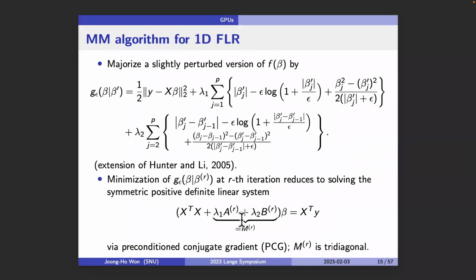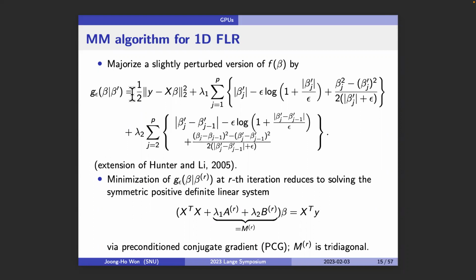So to do this science, what I used was, not surprisingly, an MM algorithm. This is for a one-dimensional fused lasso. And as most of you are familiar with, the algorithm is some majorization technique that gives a surrogate function that you minimize in every step.